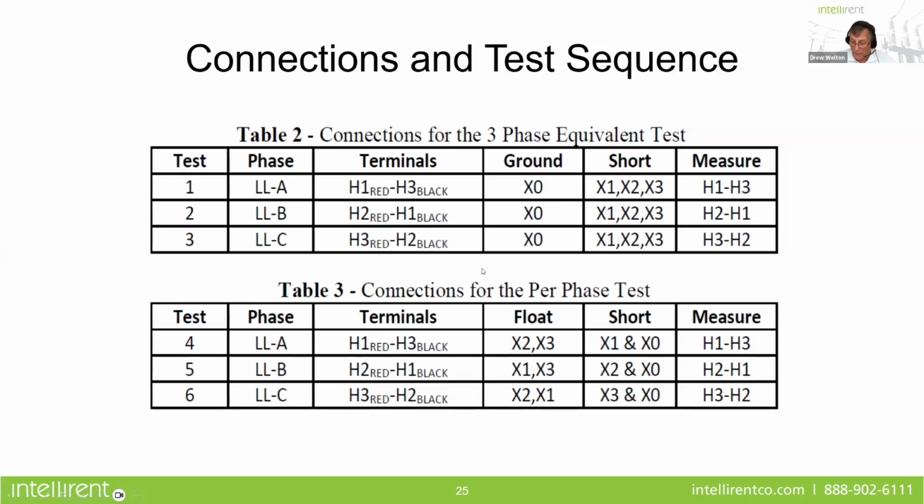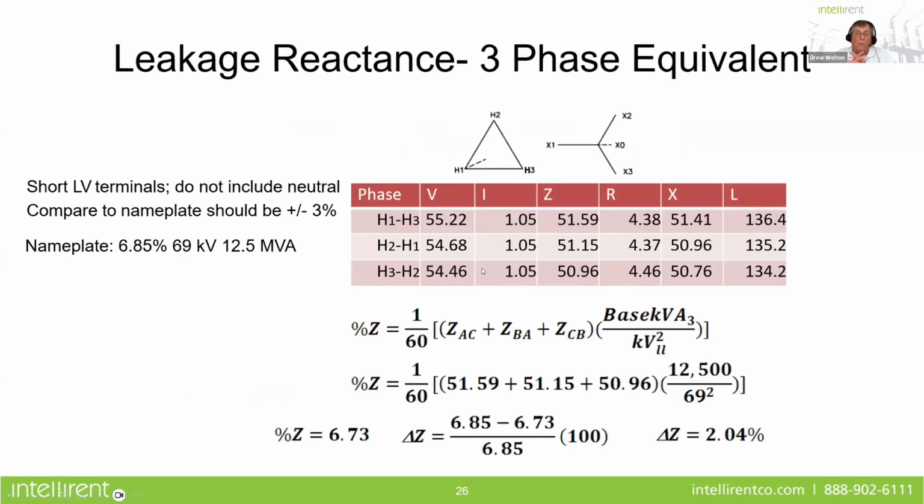This is important to follow: what you need to ground, what you need to short, and where you're going to measure. Now, what IEEE tells us is that on a three-phase equivalent, and this is your calculation, the test sets will all do this for you, but you'll enter the actual nameplate, and then it'll take the calculated three-phase impedance and calculate the delta between what you measured and what's on the nameplate. IEEE standards say that it should be plus or minus 3%.